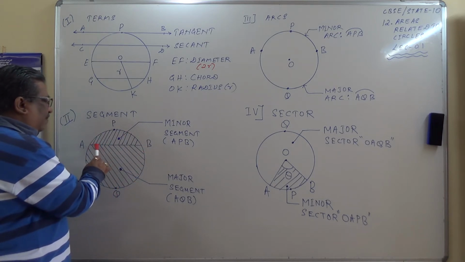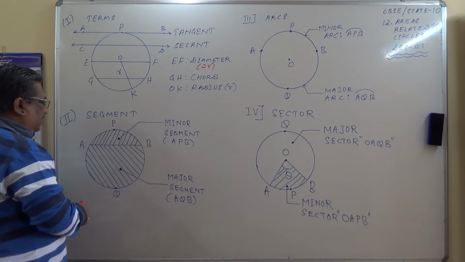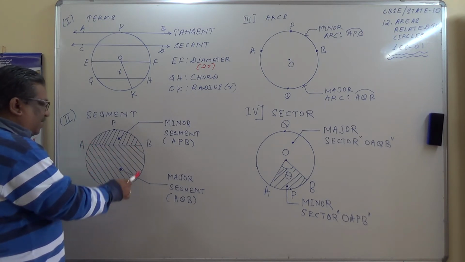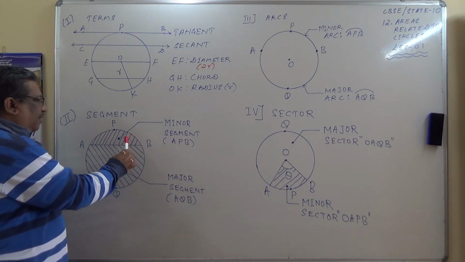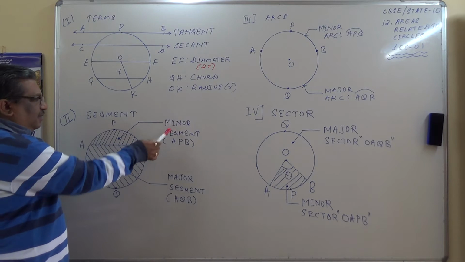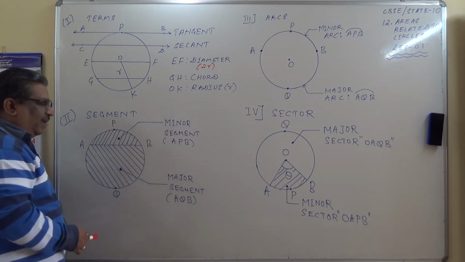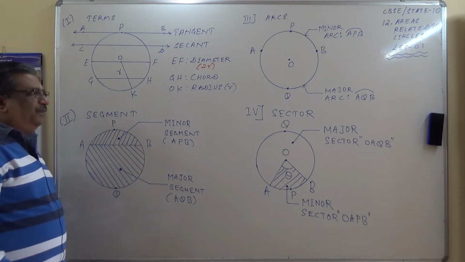The region bound by the chord and the smaller arc APB, this region is called a minor segment. Similarly, the region bound by AB chord and the major arc AQB is called a major segment. So the smaller part, this entire region, is called a minor segment, and the major part is called a major segment, which are represented by APB and AQB.